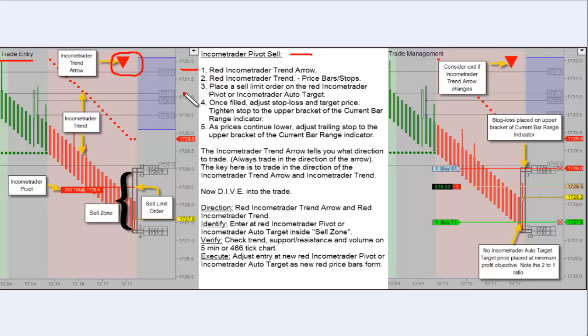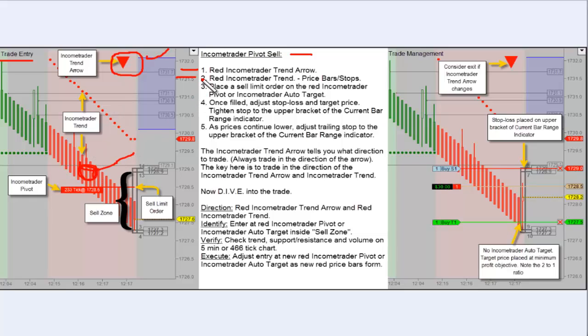First of all, we want to have the red Incometrader trend arrow, which we do right here. Next, we want to have a red Incometrader trend. Now, the trend is determined by the red price bars or red stops. It doesn't matter which one you look at, but I'll just be referring to the red price bars. So in this case, we have a red arrow, red price bars.